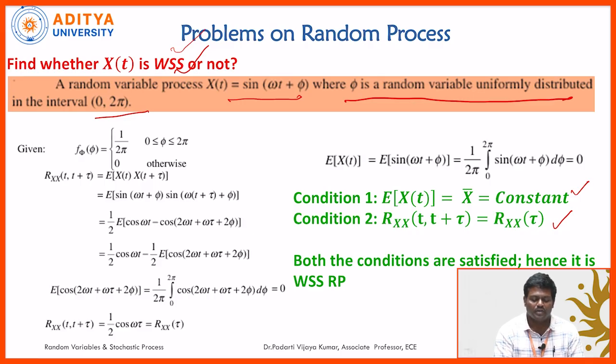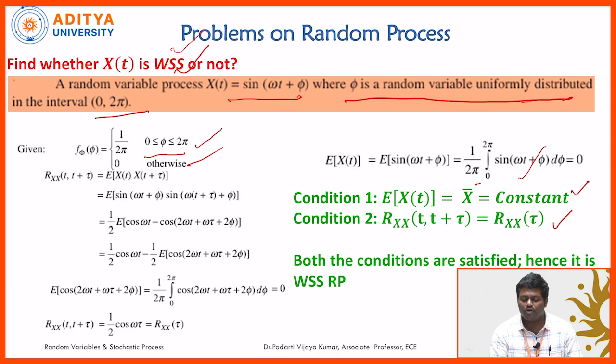Given phi is a uniformly distributed random variable, f of phi is 1 by b minus a, which is 1 by 2 pi minus 0, so 1 by 2 pi over the limit 0 to 2 pi. First we will compute the mean value. The mean value is computed using the formula expectation of X of t equals 1 by 2T integral from minus T to T of X of t dt.